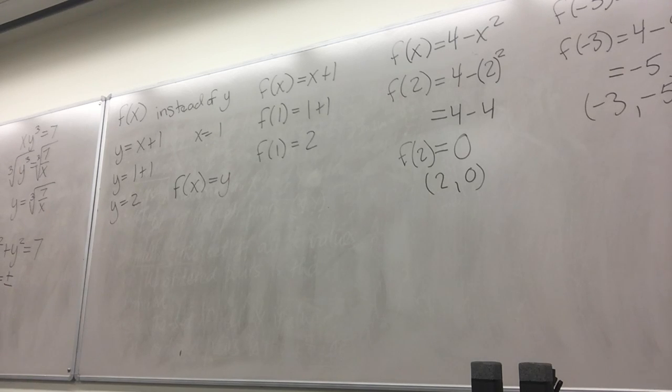All right. However, what if we have a slightly different function that has our variable in multiple places? Let's use, it doesn't have to be f of x, it could be g of x. So our function, the equation that we're defining here, will be x squared plus 2x. And let's find g of negative 1.